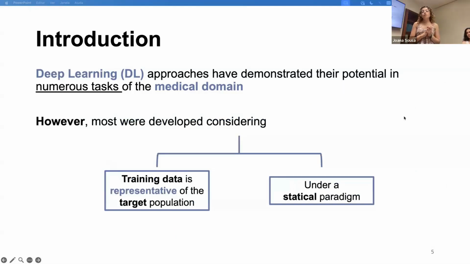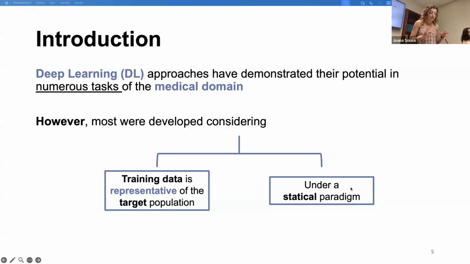So here's where the problem begins. Most of these methodologies were developed considering that the training data is representative of the target population of the problem we're trying to solve, and also under a statistical paradigm, meaning that we have our data, we develop a model, hopefully we will deploy it into a real-world application, and basically these models will be conditioned by the data given at a unique instant in time.